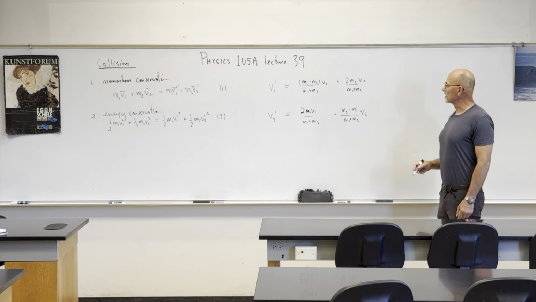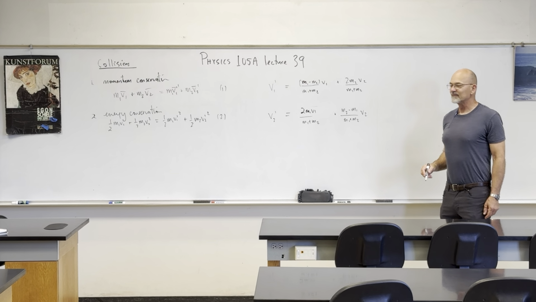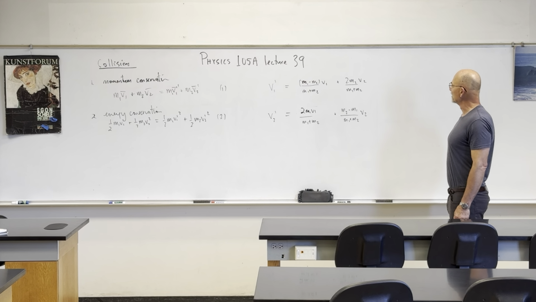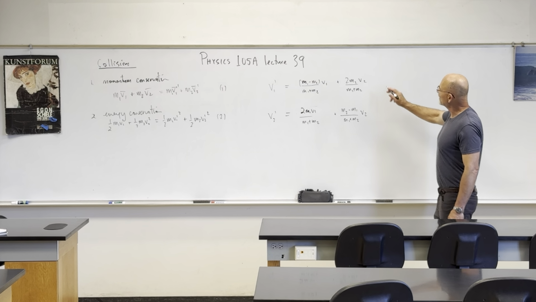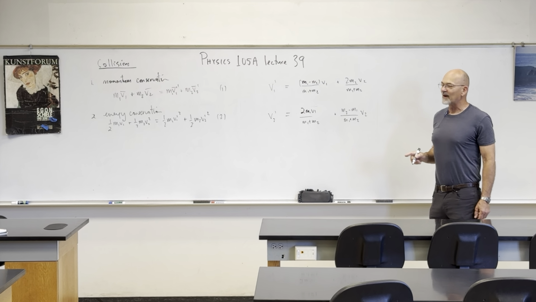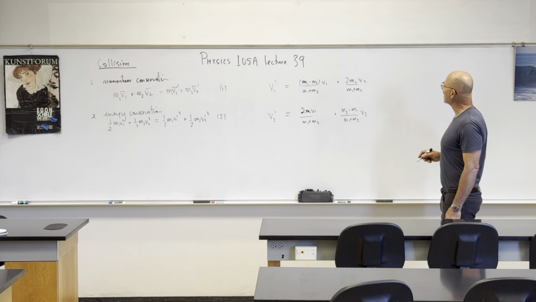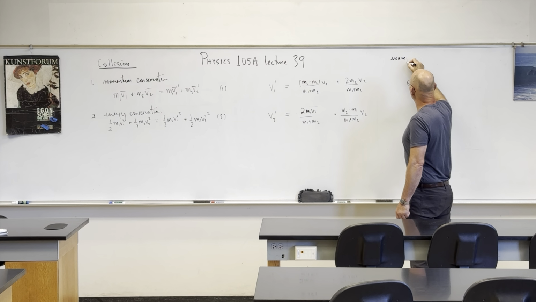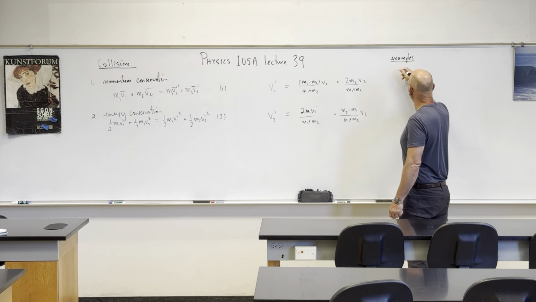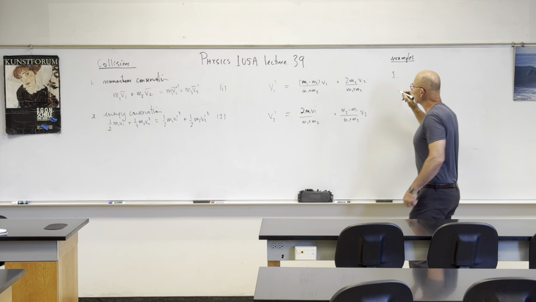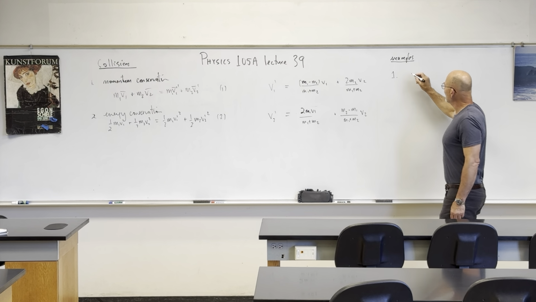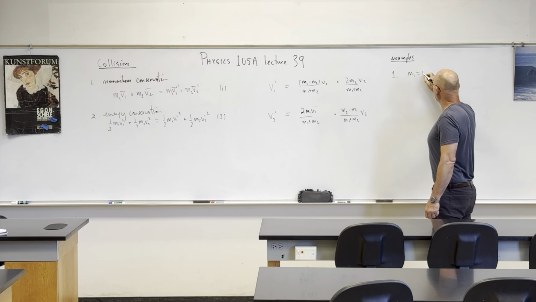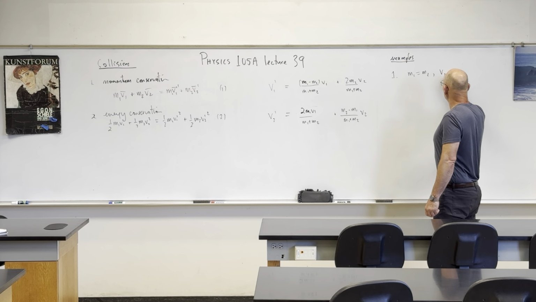We pointed out that this could be a matrix transformation, if we wanted to, which we're not going to do. But now, this is as far as we got. I showed one case, and now I just want to go through those a little more carefully. So the first example, and this is what we ended up with, would be m1 equals m2, v2 initial equals 0.